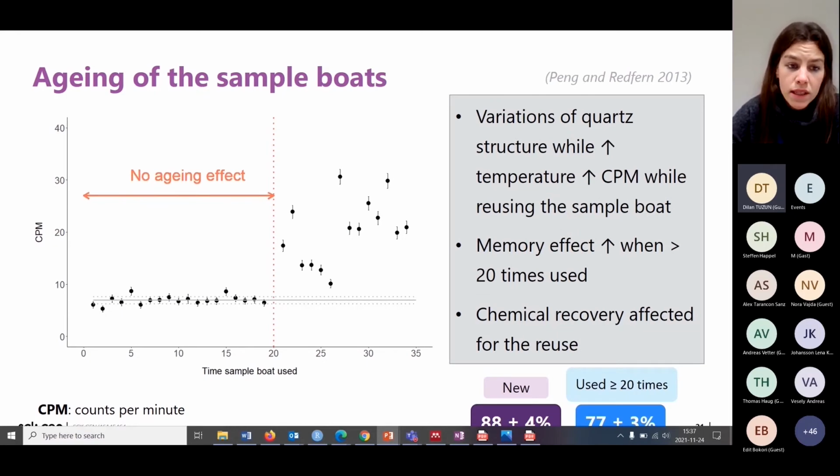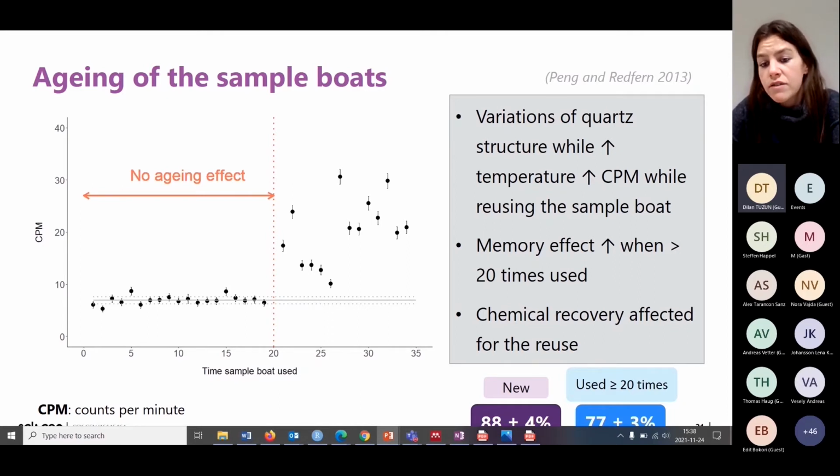Another parameter that we tested was the aging of the sample boats, because in the literature it was reported that the quartz structure could suffer some variations while increasing the temperature. And here on the figure on your left, with experimental points, we could prove that indeed there was a chlorine-36 memory effect related to the aging of the sample boats.